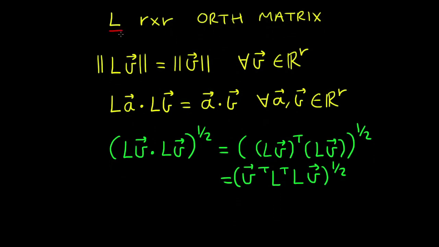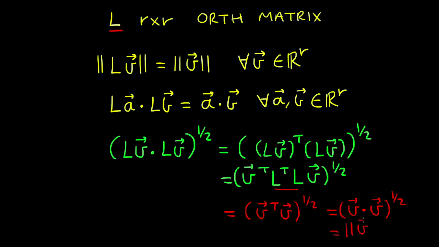And for an orthogonal linear operator, this product evaluates to the identity matrix. So we have V transpose V to the 1/2, and this is the same as the dot product between V and itself to the 1/2, which is equal to the norm of V. And you can easily verify the second property by writing the dot product in matrix form as we did here.